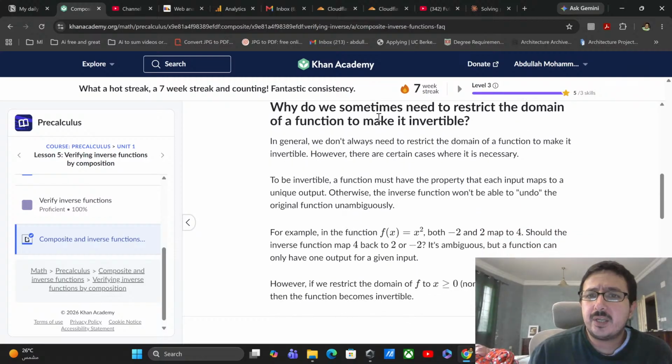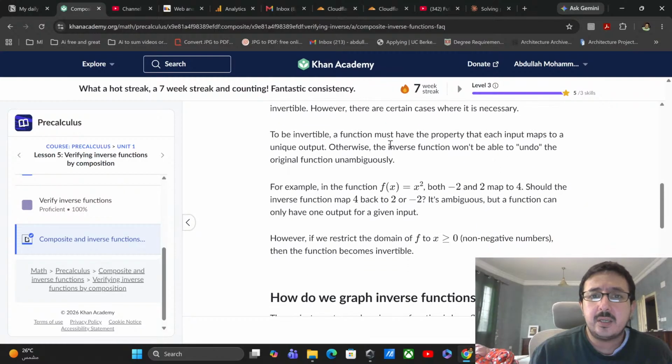Why do we sometimes need to restrict the domain of a function to make it invertible? In general, we do not always need to restrict the domain of a function to make it invertible. However, there are certain cases where it's necessary. To be invertible, a function must have the property that each input maps to a unique output. Otherwise, the inverse function won't be able to undo the original function unambiguously. For example, in the function f(x) equals x squared, both -2 and 2 map to 4.